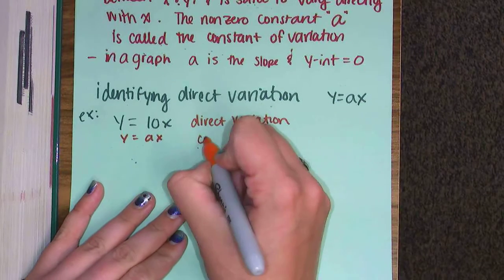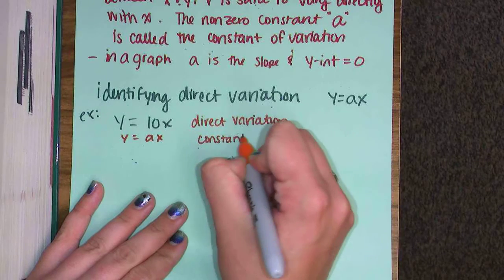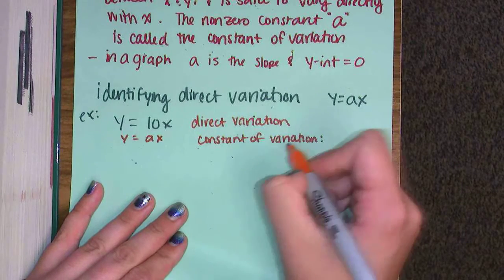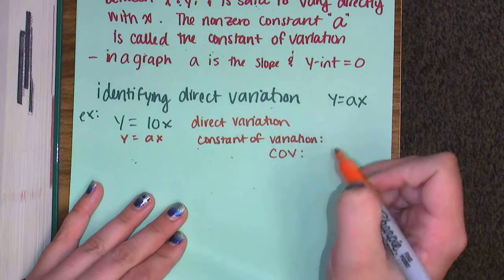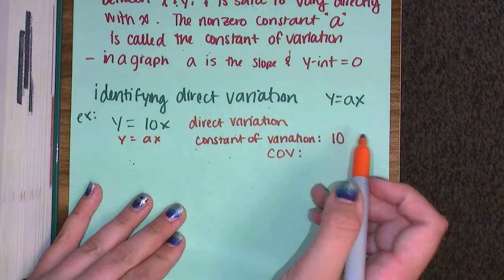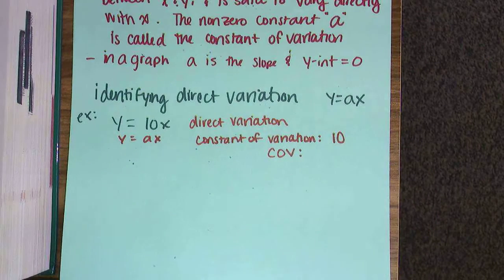And the constant of variation, if you want to call it COV, that's fine, would be 10. Whatever a is, that's the constant of variation. Now, something I'm going to point out: if the problem is not direct variation, then there's not a constant of variation. So there's only a constant of variation if it is direct variation.